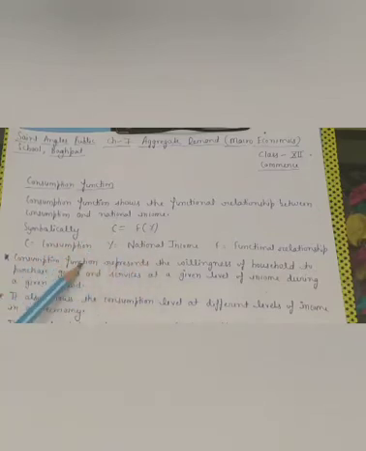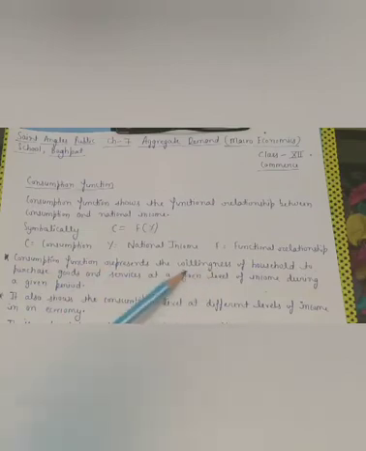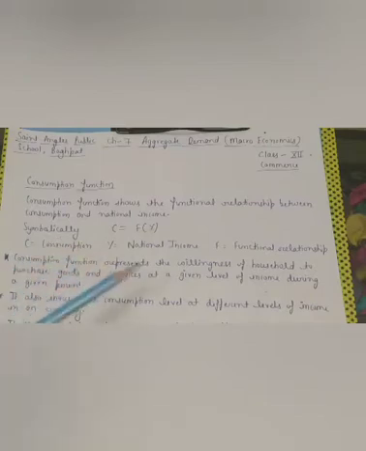Means planning of households to purchase goods and services at a given level of income during a given period. You can say during a given period of time, you can say during an accounting year. All these are the same.